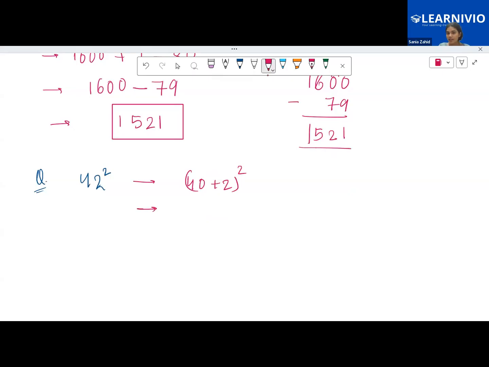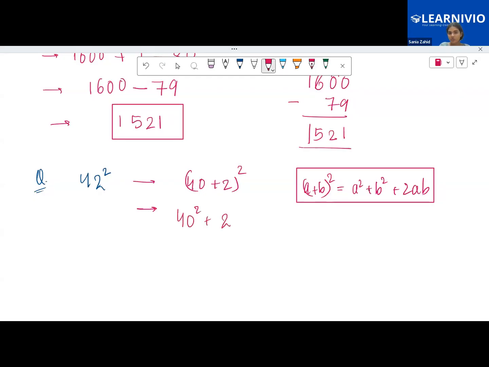So here your identity becomes a plus b whole square is equal to a square plus b square plus 2ab. Okay, your identity becomes like this. So 40 plus 2 whole square becomes 40 square plus 2 square plus 2 into 40 into 2. All right.